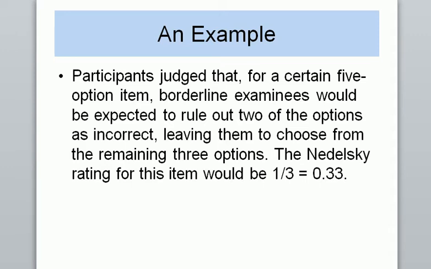So it means they will decide on the remaining 3 options. The Nedelsky rating from this item would be 1 over 3, which is equal to 0.33. It means if each option has equal probability, then this will be 0.33, which means 33%.